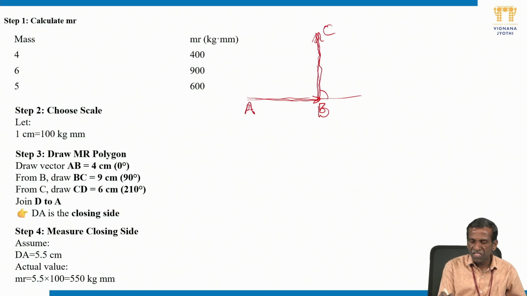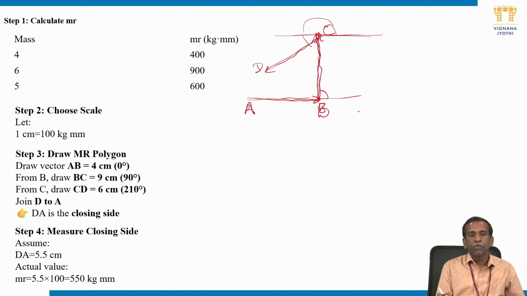So from C it starts and the CD orientation is 210. How can you make orientation 210? Draw the reference line. If you extend this reference line, that is 180. 210 means an additional 30. This is the orientation 30 I have taken. So this is the orientation of the third 6 centimeter line you have to draw. This is CD.